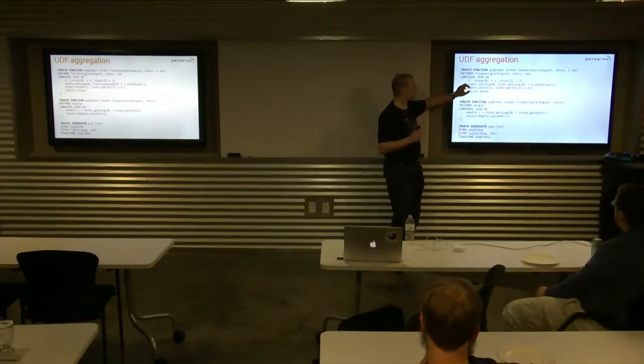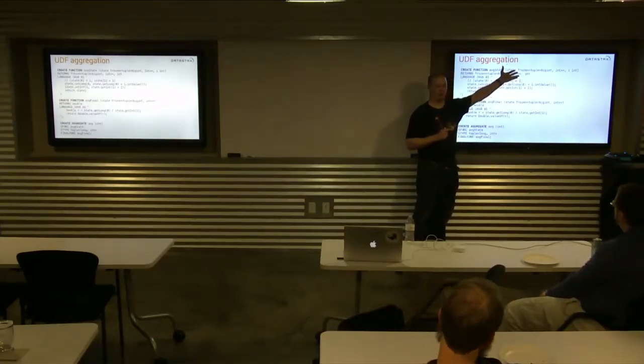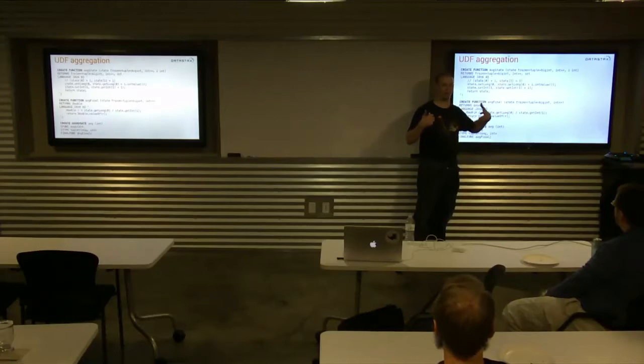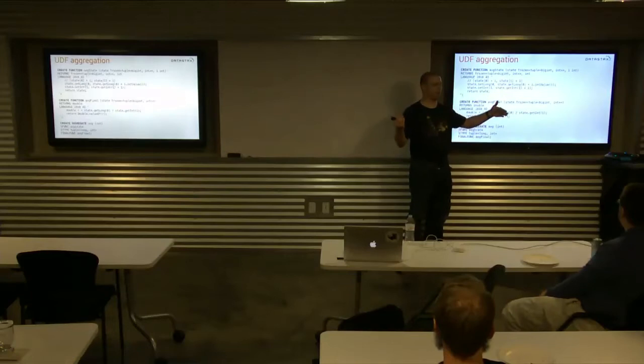So I'll create my state function, which is going to take a tuple of basically a long and an int, because if I'm doing an average, I'm going to sum all the values, and I'm going to count how many values there were, and then at the end, when I'm done, I'll divide the one by the other.